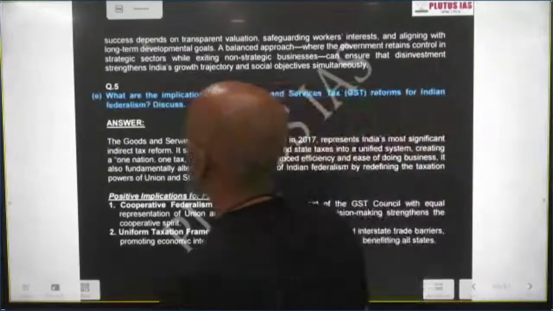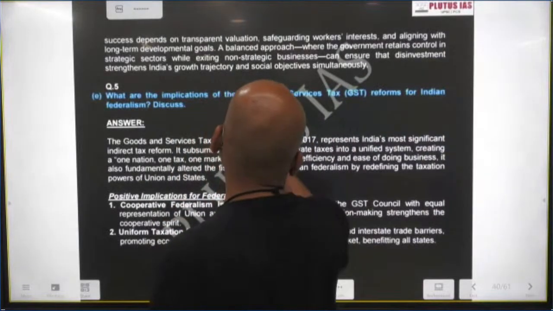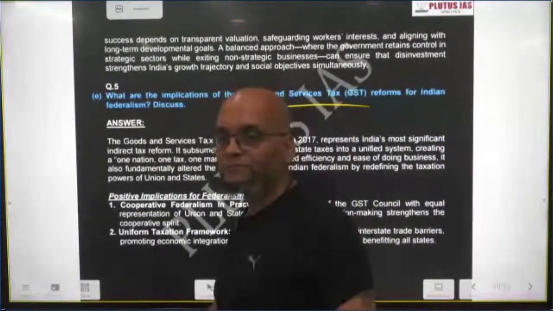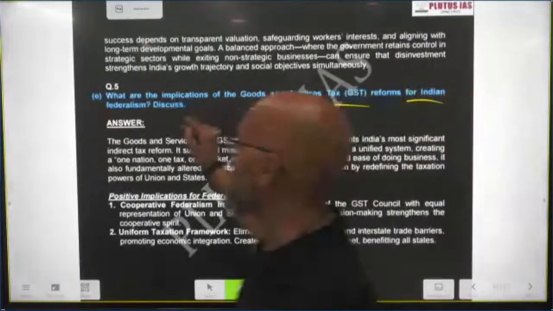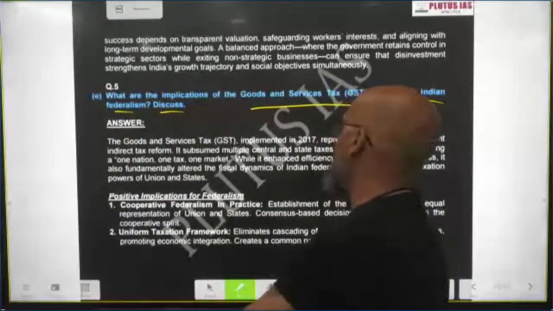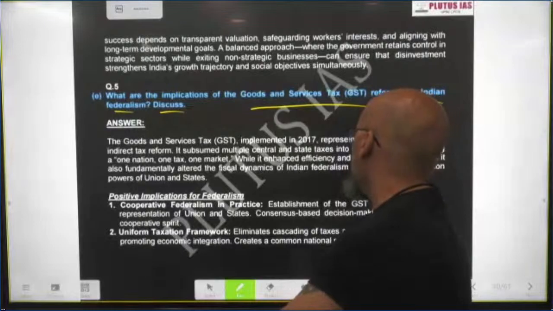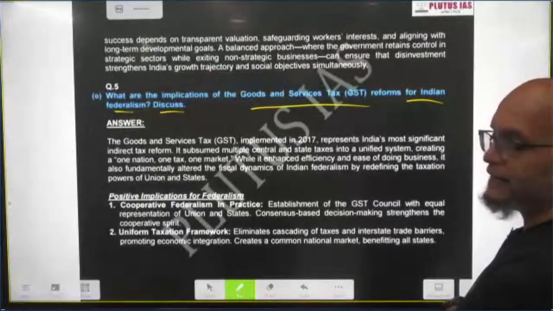So, fifth question, E part: what are the major implications of GST? Question on GST has been asked. Reforms for Indian federalism. Discuss. The Goods and Services Tax implemented in 2017 represents India's most significant indirect tax reform.